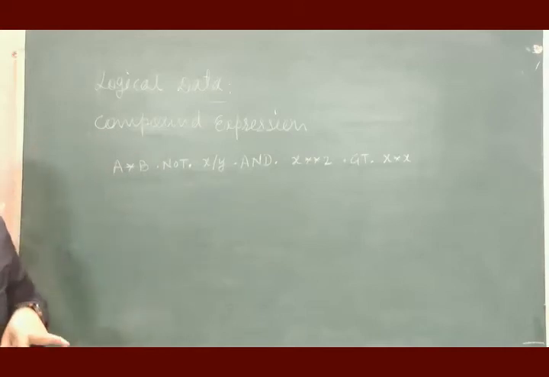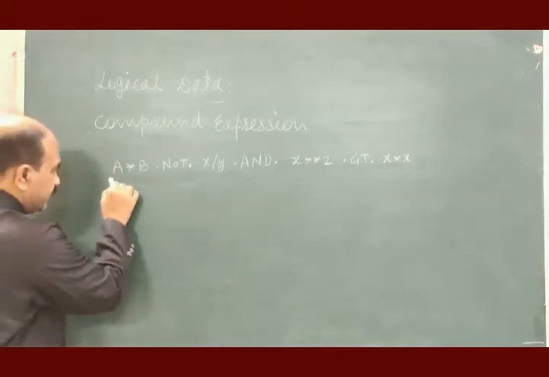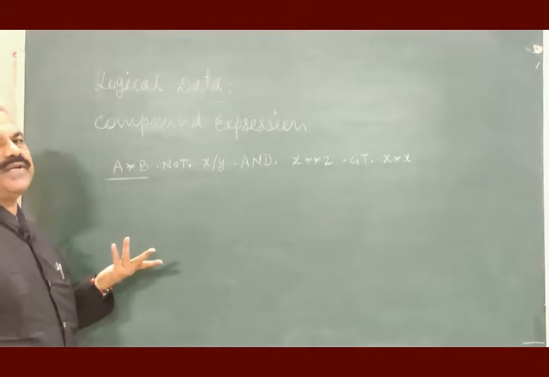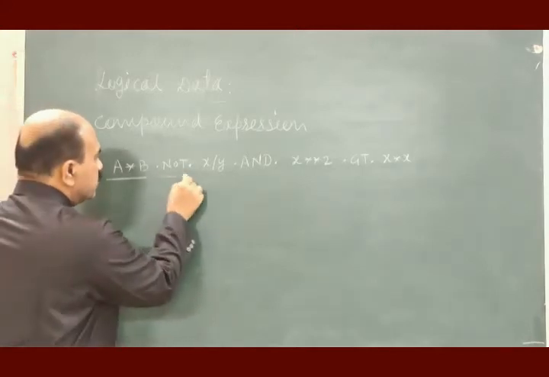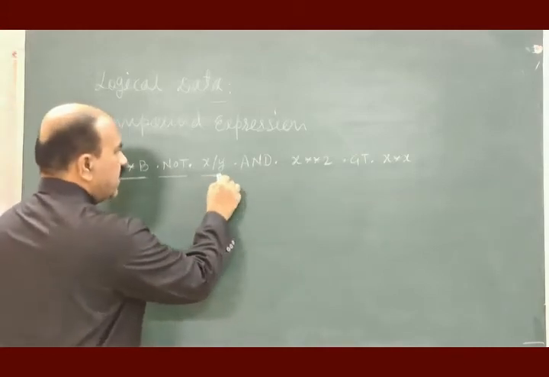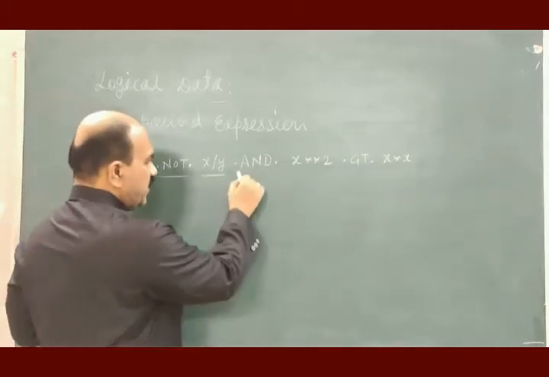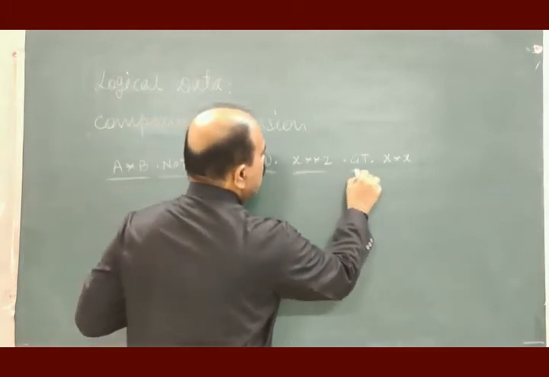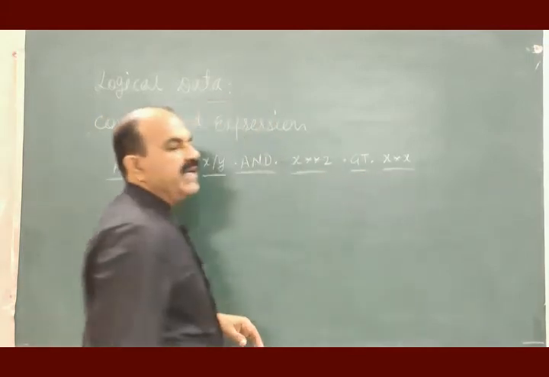This type of expression is known as a compound expression. Let us see how. A into B is an arithmetic expression, not a logical expression. Arithmetic part, logical part, arithmetic part, logical part, arithmetic part.